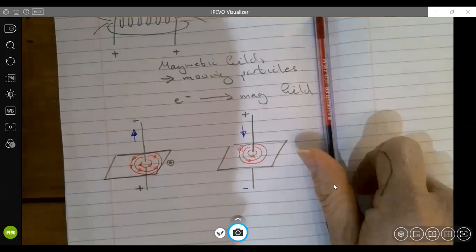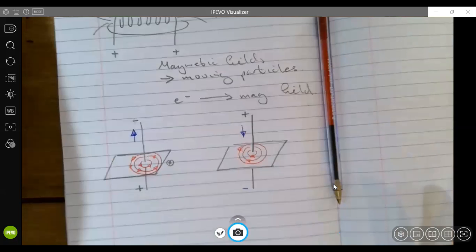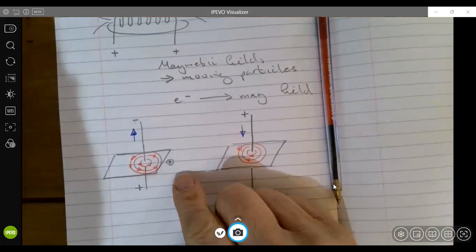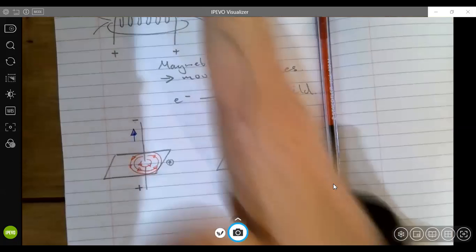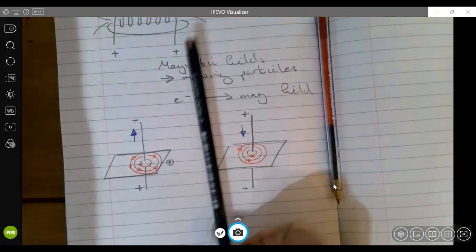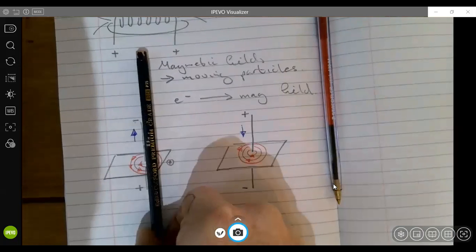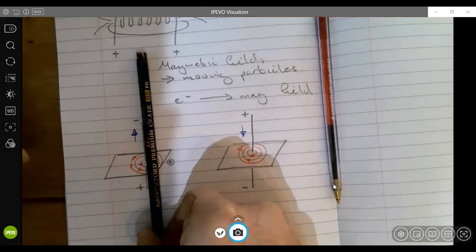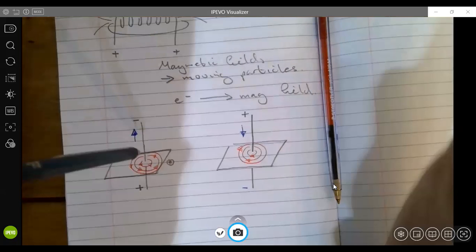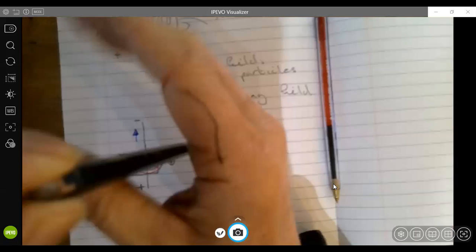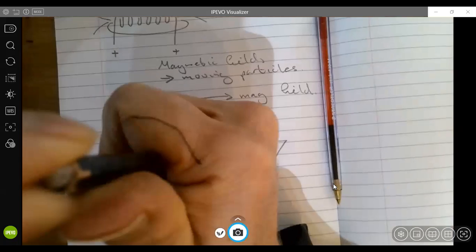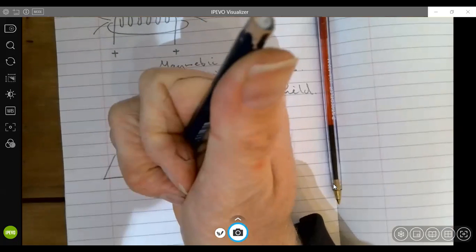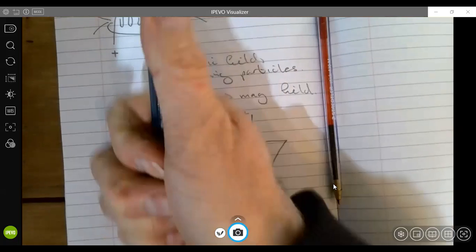Now, this is quite handy to remember, that you can actually determine the direction of this field using the right-hand grip rule. So, if this is our wire, and in this case the current's going positive to negative, so it's going upwards, you can take your right hand and grip it. You have your thumb going in the direction of the current, upwards in this case, like so.